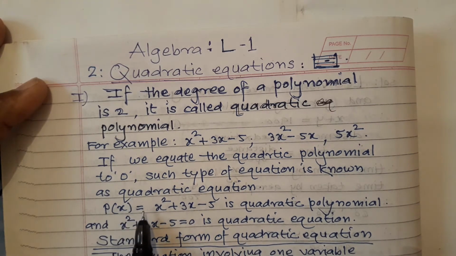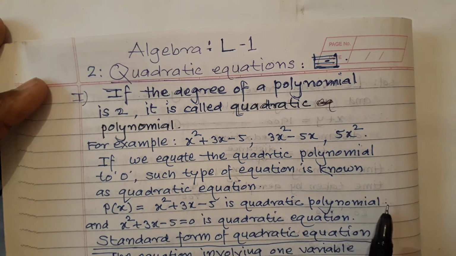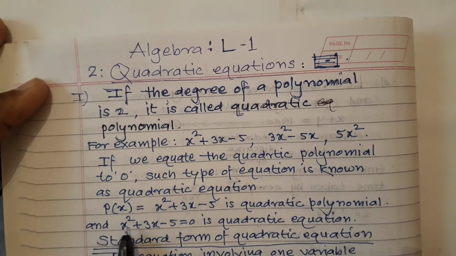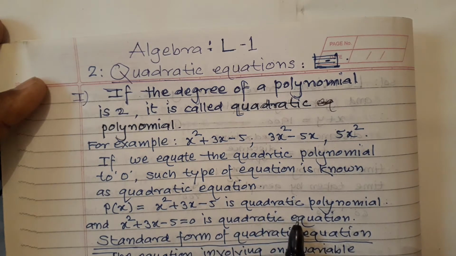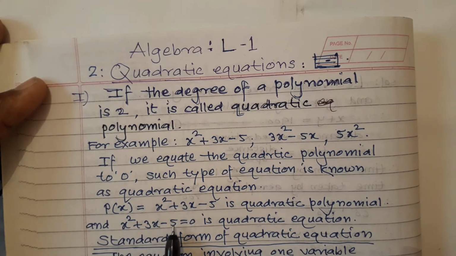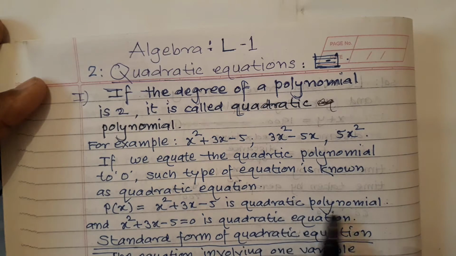So p(x) is equal to x square plus 3x minus 5 is a quadratic polynomial, and x square plus 3x minus 5 is equal to 0, means you equate this to 0, then this becomes a quadratic equation. So try to understand the difference between a quadratic polynomial and a quadratic equation.